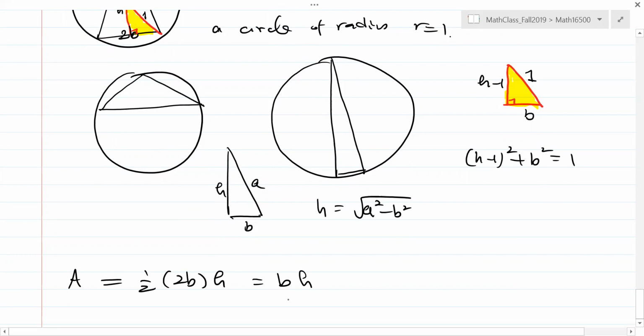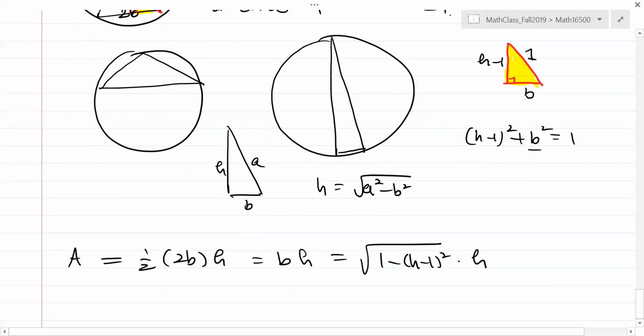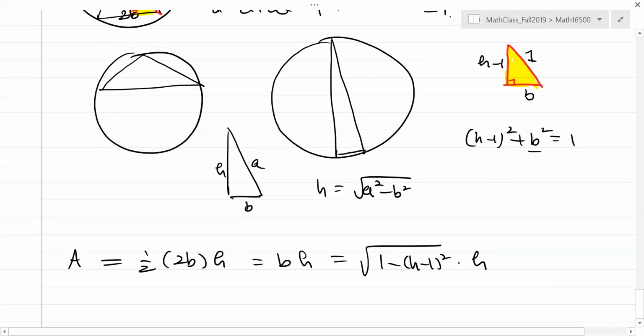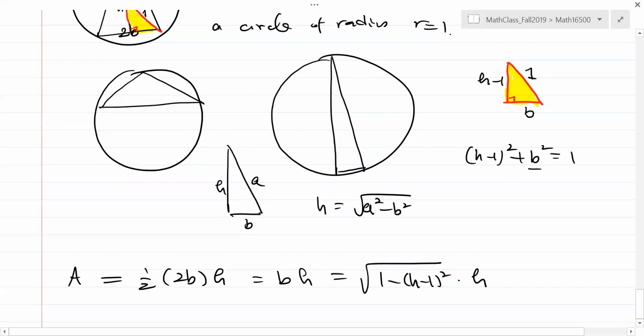I really don't need to know a. So b from here, b squared equals 1 minus (h minus 1) squared. So it's going to be the square root of 1 minus (h minus 1) squared, times h. Okay, so the area of the triangle can be viewed as a function of the height, by this formula.